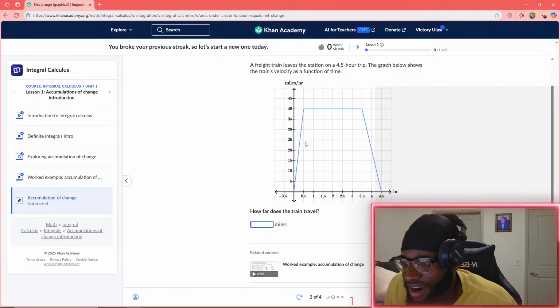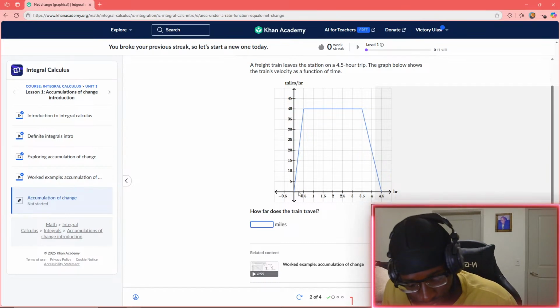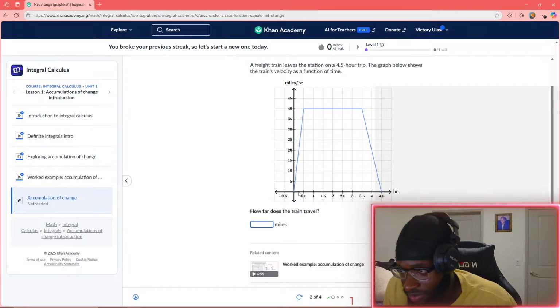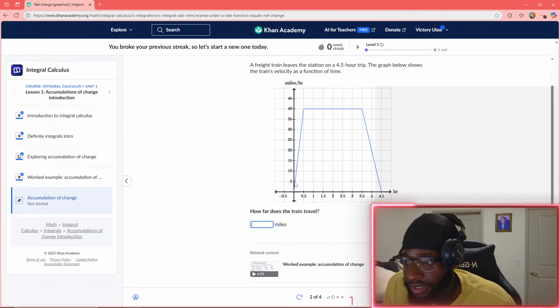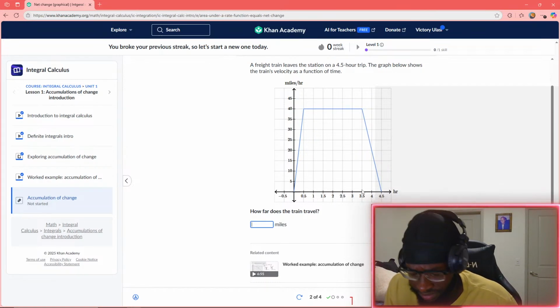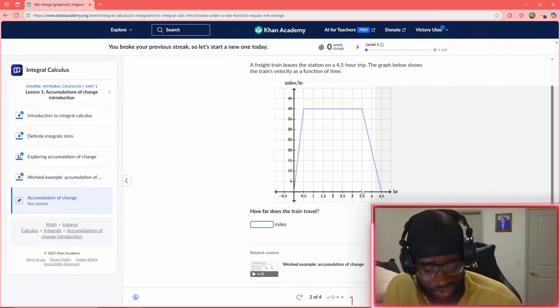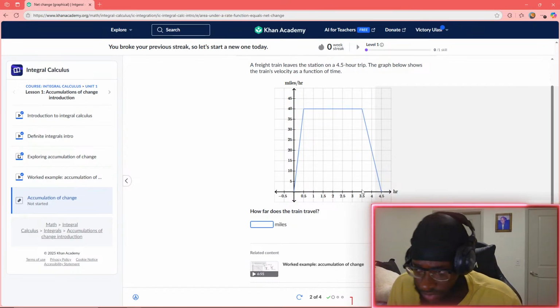Alright, so we got X right here. It's 0.5. So 1 over 2 times 40 times 1 over 2. So 1 over 4 times 40. So 40 over 4, which is just 10. And then this is 0.5 to 3.5. It's a difference of 3. 3.5 minus 0.5 is 3.